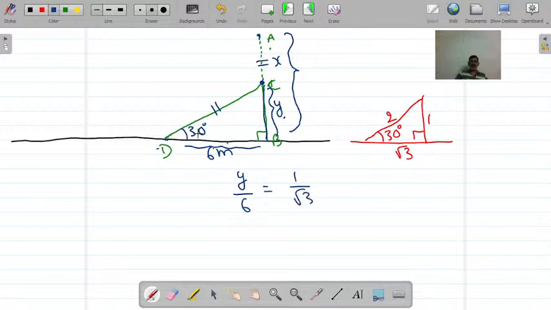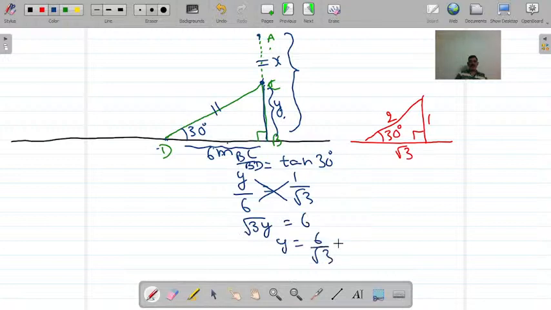And actually what we are taking here, this is opposite, this is adjacent. So if you want, you can call it tan 30 is equal to opposite by adjacent. Now you simply go for cross multiplication. Root 3 y equals 6. So y is equal to 6 upon root 3.